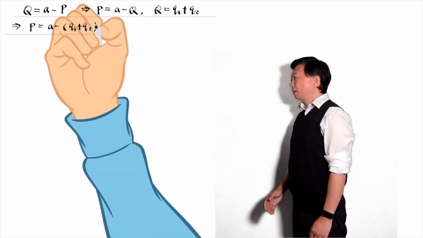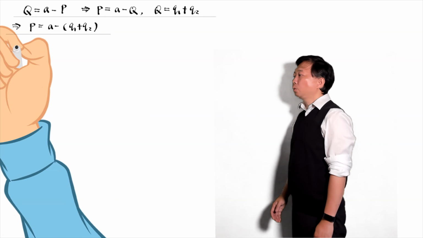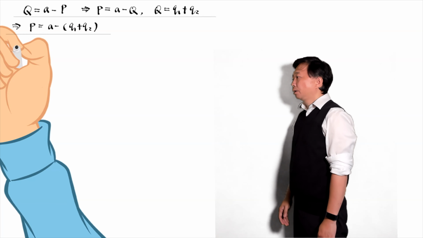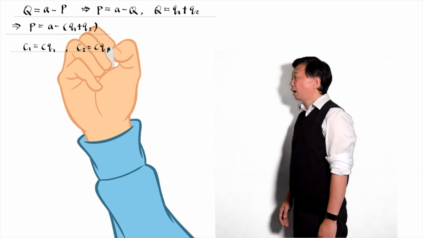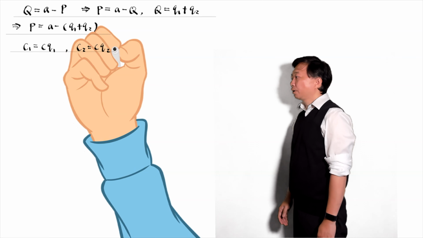So the market price P can be written as a function of Q1 and Q2. We also assume that the firms have the same constant marginal cost C, and their cost functions are C1 equals C times Q1 and C2 equals C times Q2.